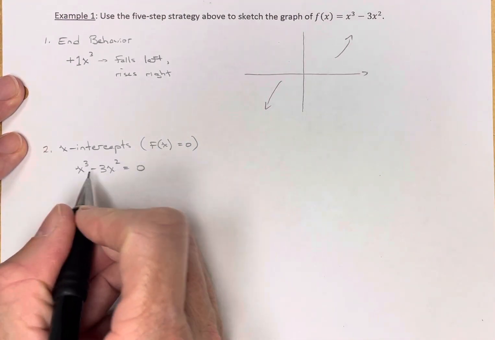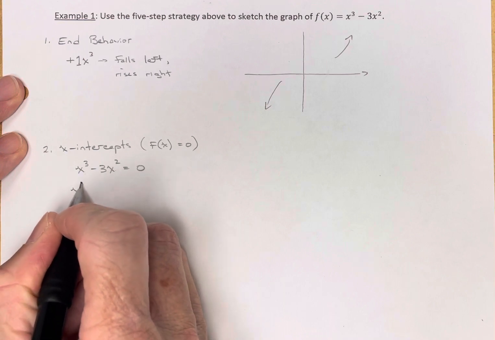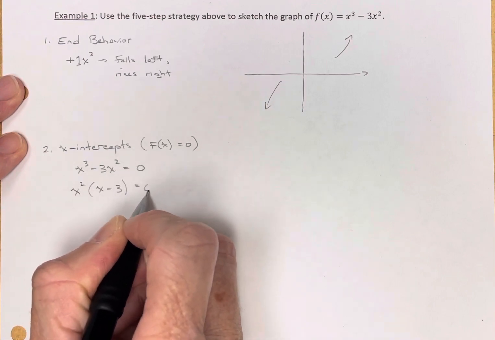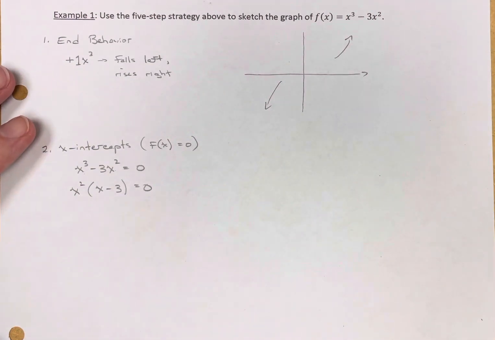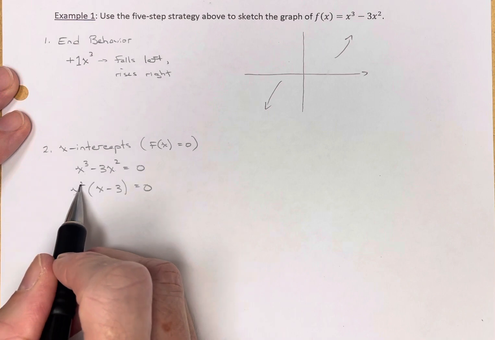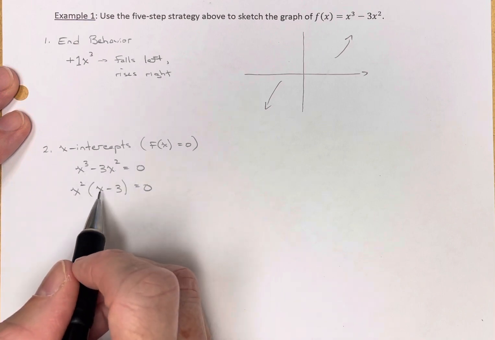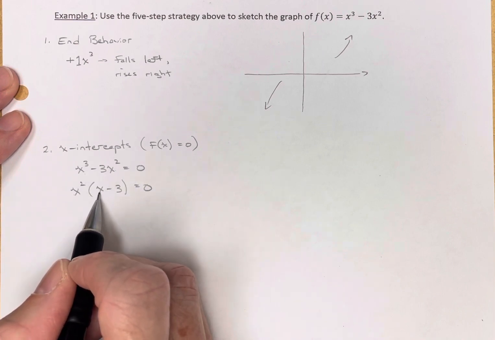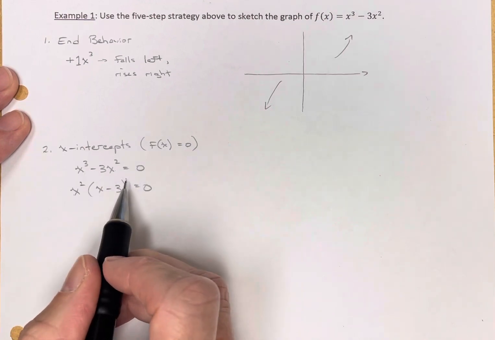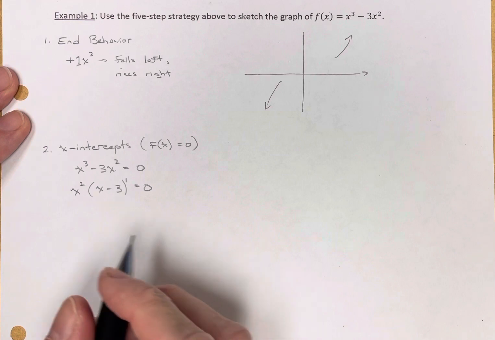I see a greatest common factor of x squared times x minus 3. Okay, so it's factored. I have zeros at 0, and this 0 has a multiplicity of 2. And my second 0 is at positive 3, and this 0 has a multiplicity of 1, which I can write right there to make sure we see it.